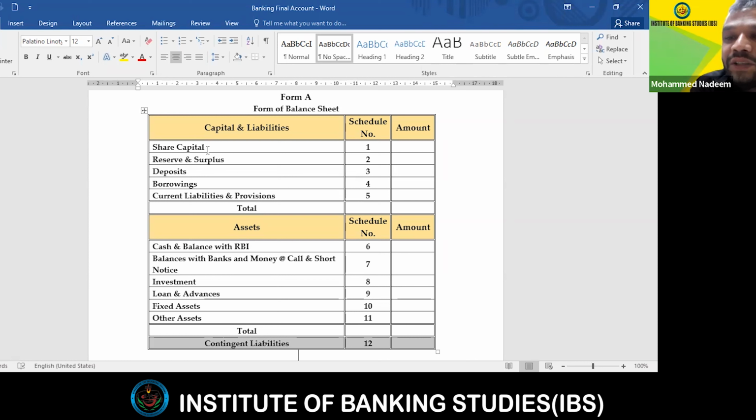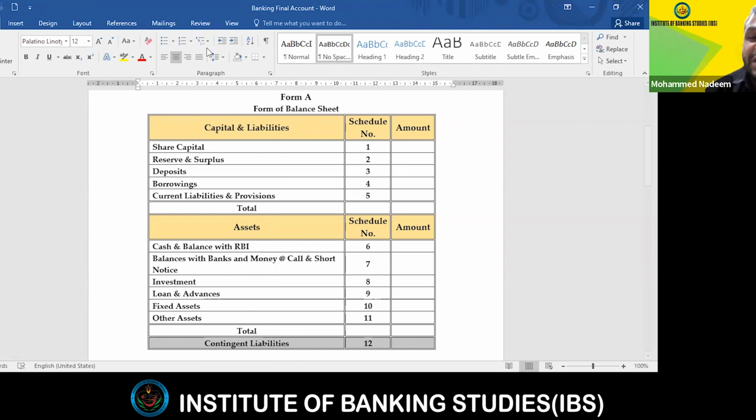You can't tell your customer, I don't have money. You arrange money immediately from another branch and give it to them. That is called borrowings from other banks. Any confusion in this? Borrowings from other branch or other bank?